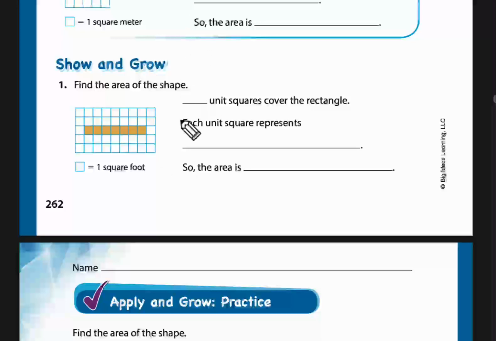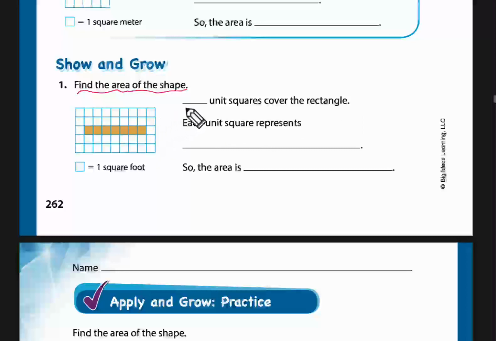Yes, teacher. Okay, help me, my hero. Seven squares. Find the areas of the shape.